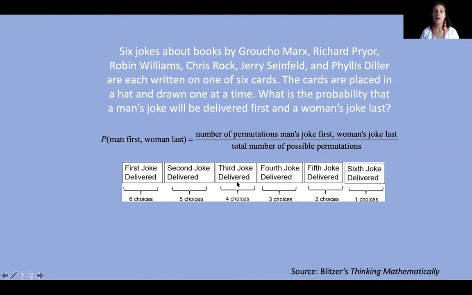The third joke, 4, and so on, 2, and then for the 6th joke, we have 1 choice remaining. This gives us a total of 720 permutations. So here we're using either 6 factorial or 6P6. All right, so that gives us our denominator.